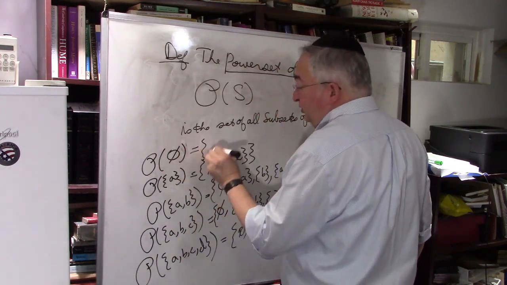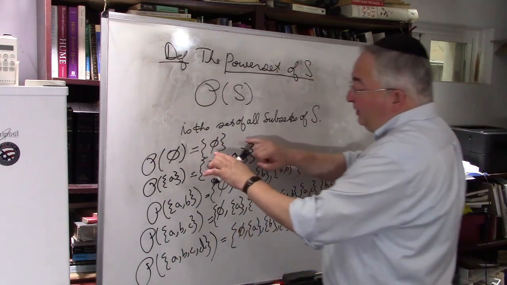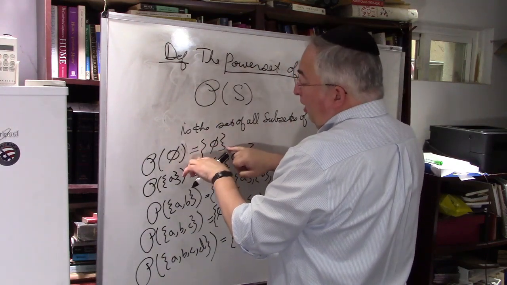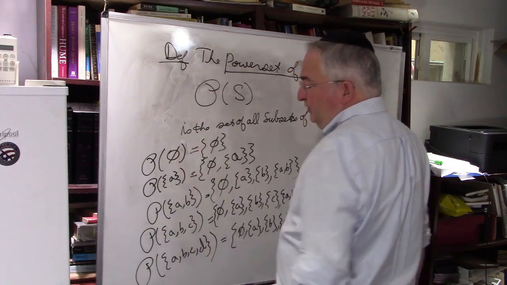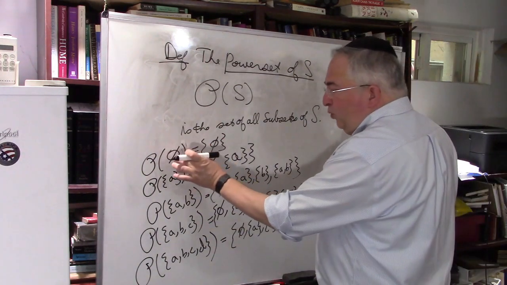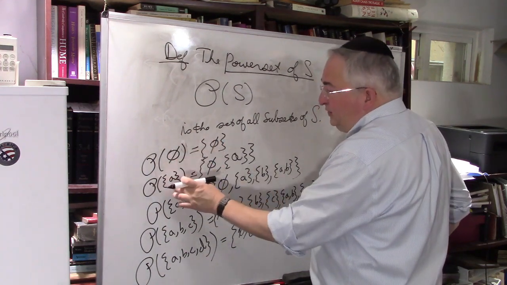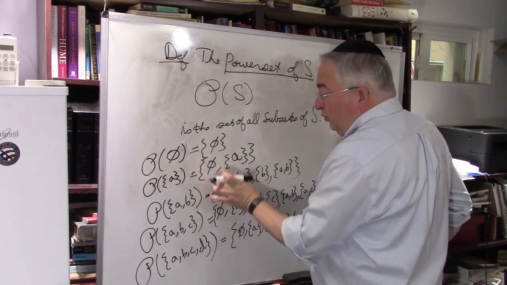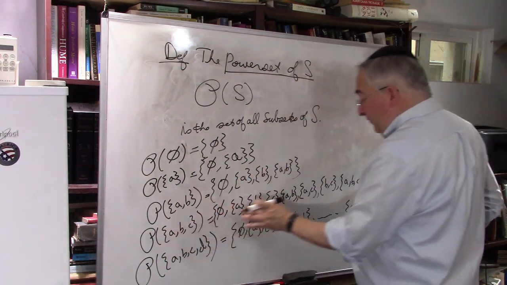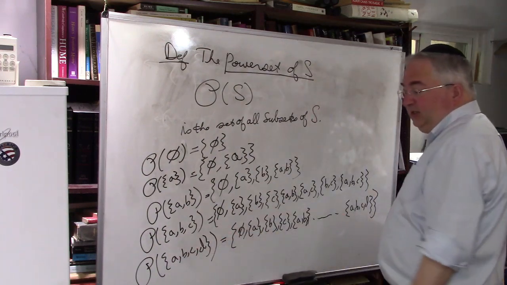And the answer is just the empty set. So the power set is the set that just has one set. But we see a certain pattern here. For a set that has no elements, there's one element. For a set that has one element, there's two. For sets with two elements, we have 4. 3, we have 8. 4, we have 16.